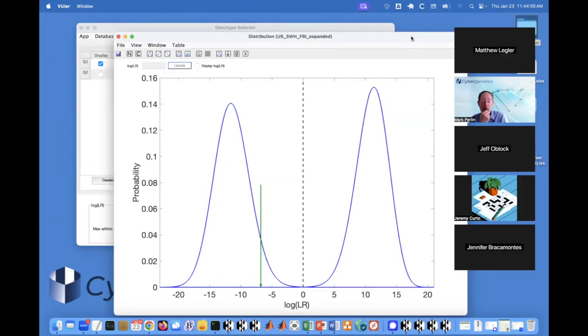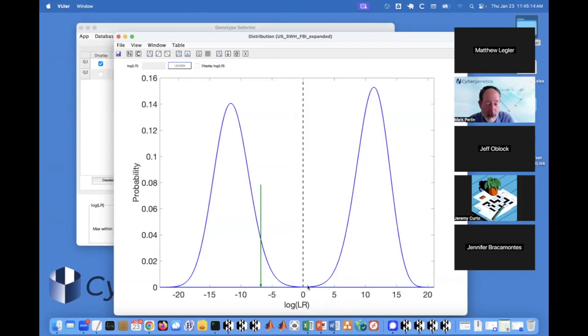Okay, so what's really nice is that when you're looking at both the non-contributor on the left, that bell curve, and the contributor on the right, and they're both bell curves, is what is the overlap of misclassification? So take a look at 0 and ask yourself, to what extent is there any confusion?